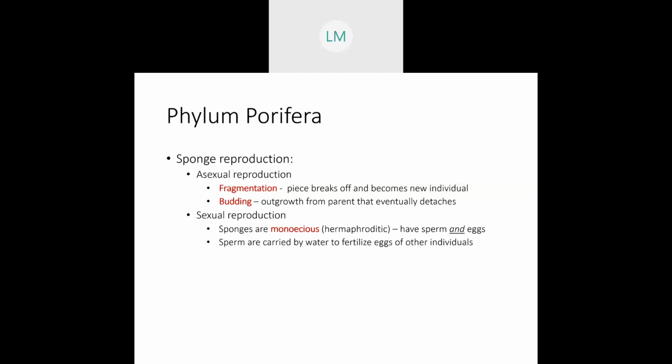So the sperm of a sponge are carried by water, and then it's a bit of a crapshoot, right? We don't exactly know where these sperm are going to land. So lots and lots of sperm are put out into the environment, and then hopefully they can fertilize the eggs of other individuals. So we do have some sexual reproduction happening in these organisms as well.